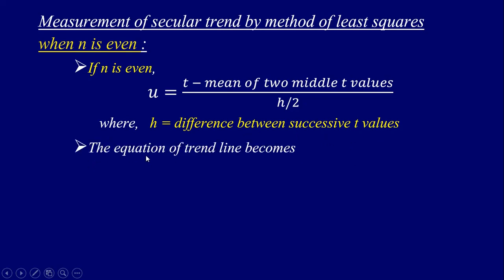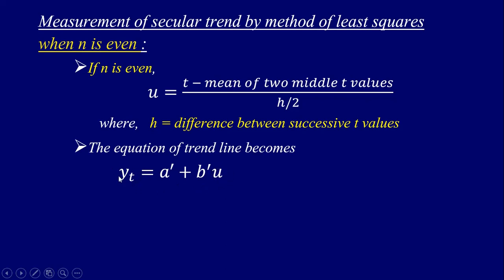And the equation of trend line becomes yt is equal to a dash plus b dash u. So these are two variables, yt and u. Here the time is given in years 1971, 72, 73 and so on, and we transform this t using this formula to u. So in this equation of trend line, instead of t, we have this variable u.